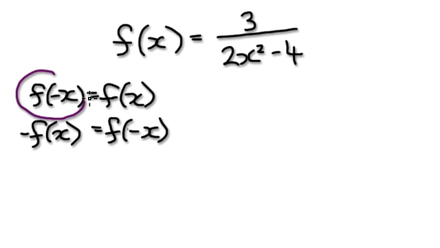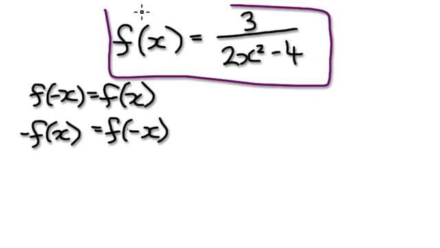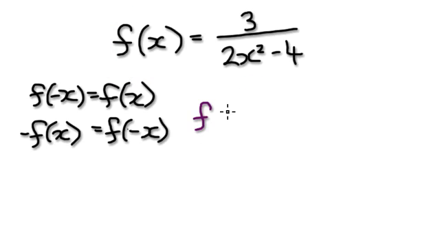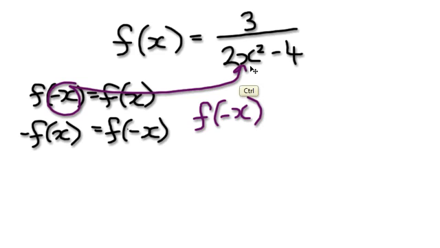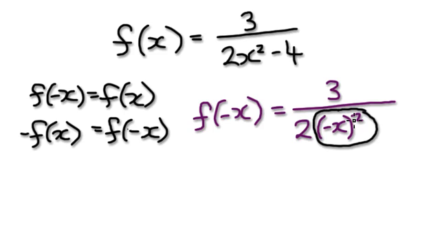Okay, let's check this. Let's apply this transformation: wherever you see an x, we put minus x in. So given this function, we apply f of minus x. We put minus x into this thing, so this will be 3 over 2, then negative x squared, then times 2, minus 4.